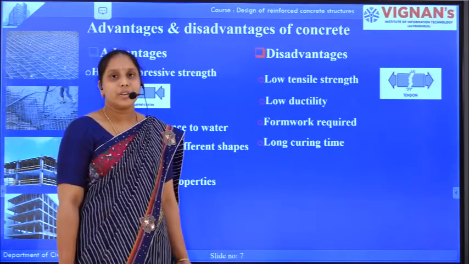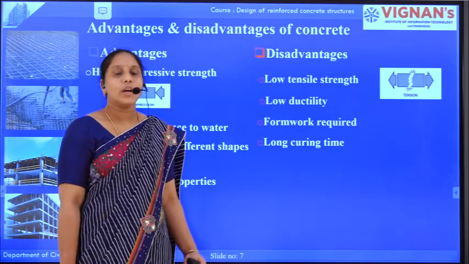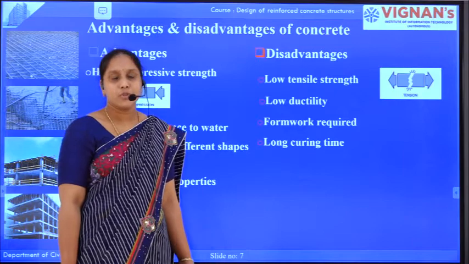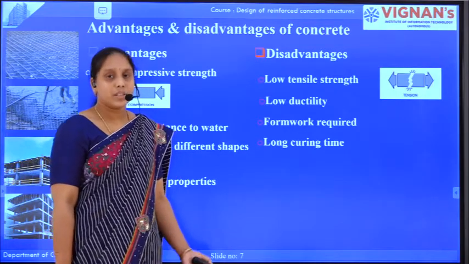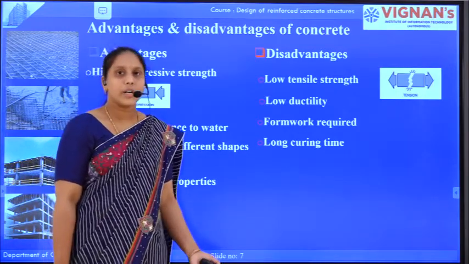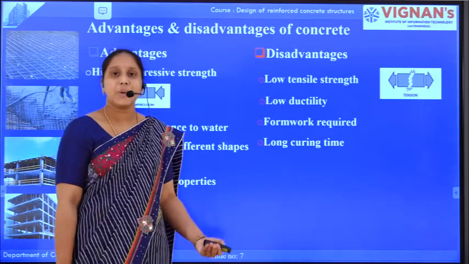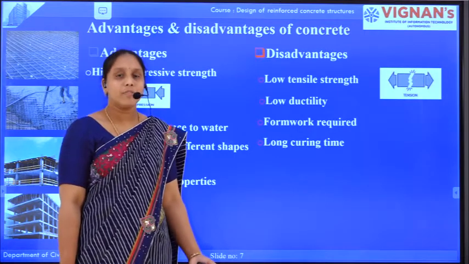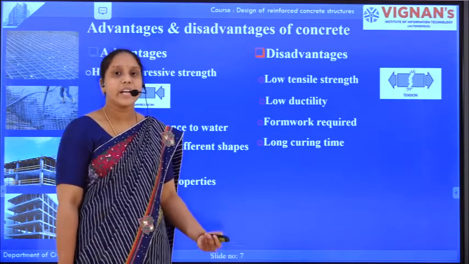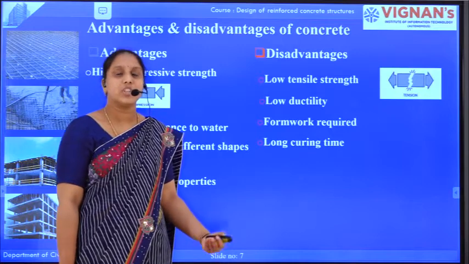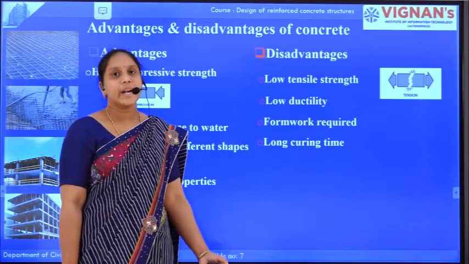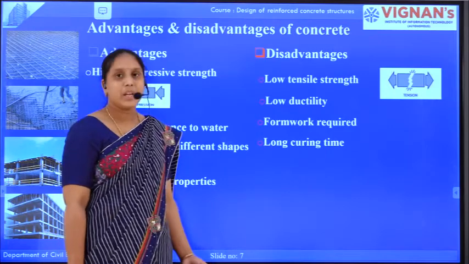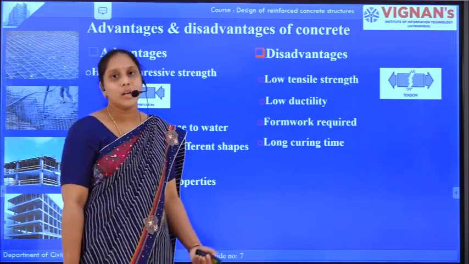For that reason, it has a longer curing period of 28 days to attain its full strength. So after the concrete construction has been done, it cannot be immediately put into use. You have to wait till it has sufficiently hardened and cured and attained its strength. That is the disadvantage of concrete, that it has a longer curing period.